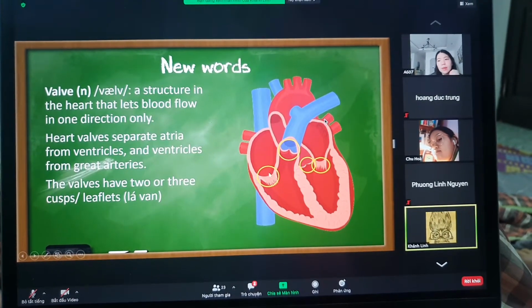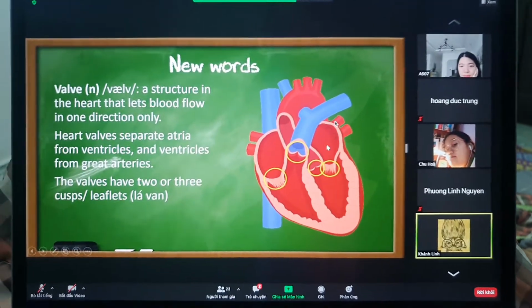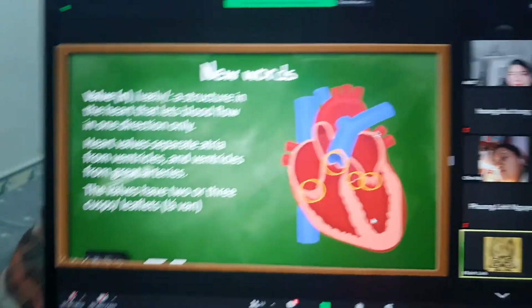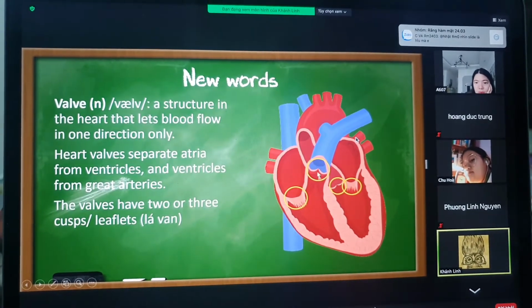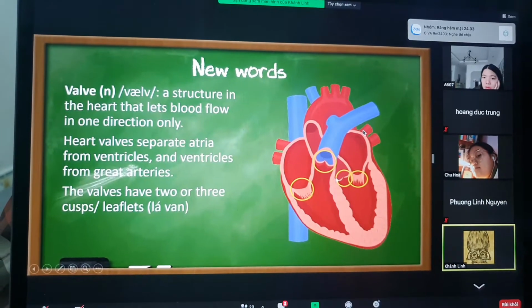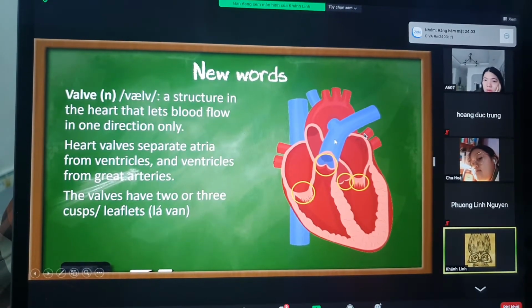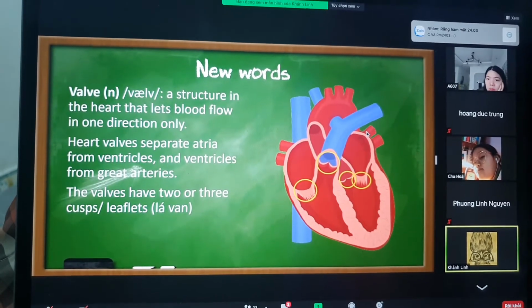The heart valves separate atria from ventricles, and ventricles from great arteries. Here is one valve that separates the ventricle and the artery. The valves have 2 or 3 cusps or leaflets.